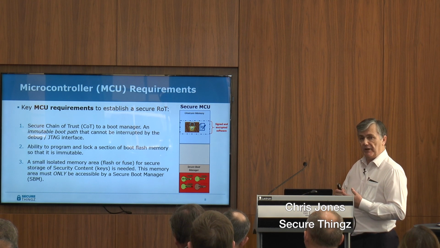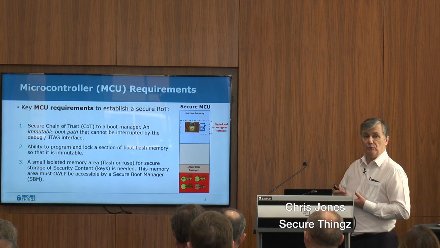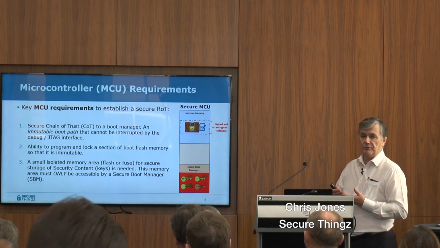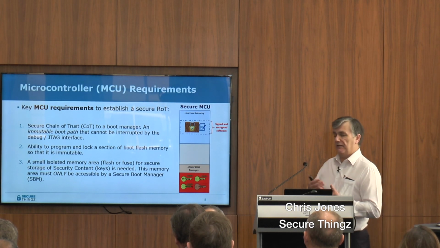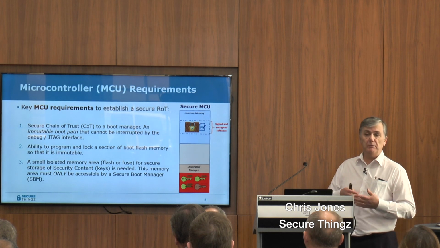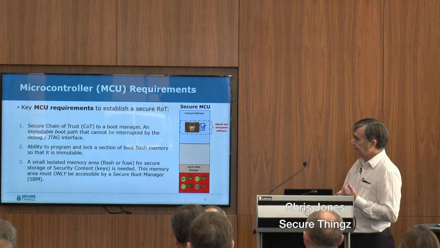So ideally you want this device to come out of reset, jump into some sort of ideally ROM-based code, a bootloader, that actually executes, and it does some verification, some identification, checks other software that's in there, signatures, checks for authentication. And that must be an immutable path. So that's the one thing you must look at.